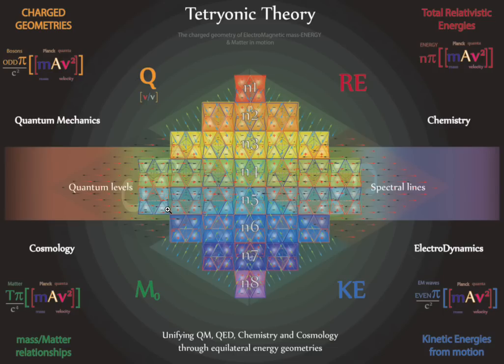Again, highlighting that space itself is just a region defined by a coordinate system. It's the charged geometries of mass, energy and matter within that region that gives us physics and our universe as we sense it.